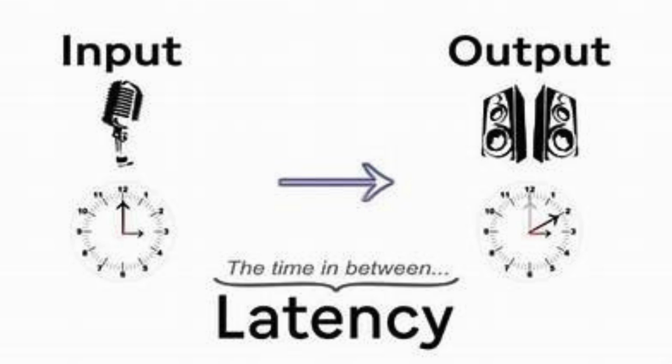So when you click a button, for example, you click the send button on an app, the latency is how long it takes for the software to notice your action and the time it takes for it to respond. That's latency, right? So if you send a text message and it takes 2 seconds for the message to arrive, that's a 2-second wait. That 2-second wait is the latency, right?